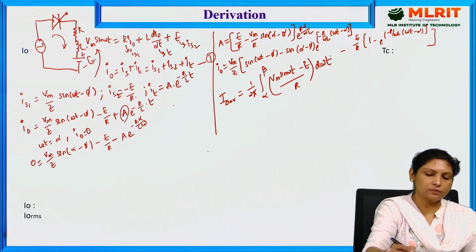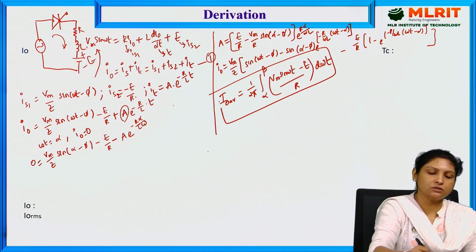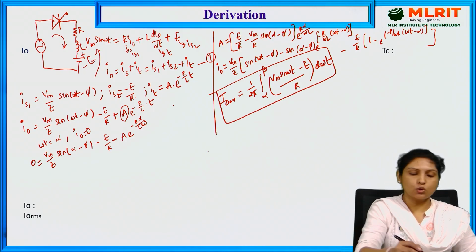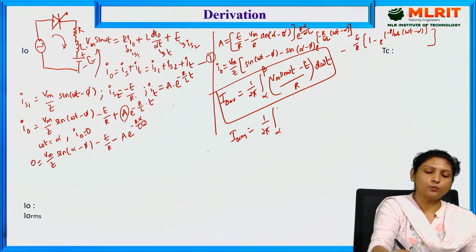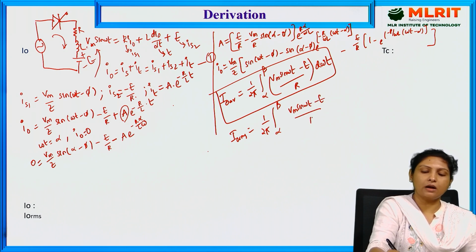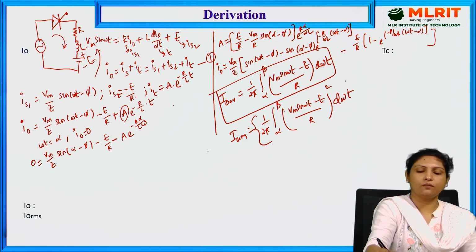So this is nothing but your I0 average expression. Similarly, I0 RMS is 1 by 2 pi, conducting from alpha to beta, of Vm sine omega t minus E by R whole square into d omega t, whole to the power of 1 by 2.